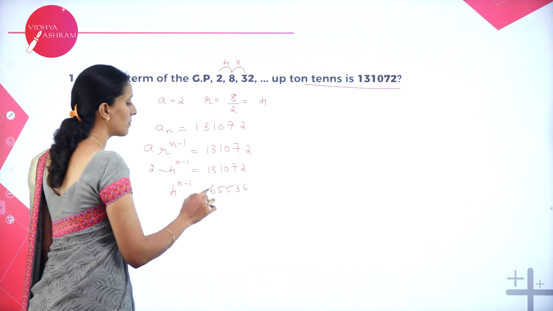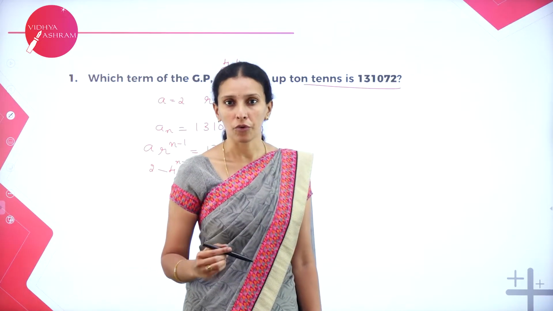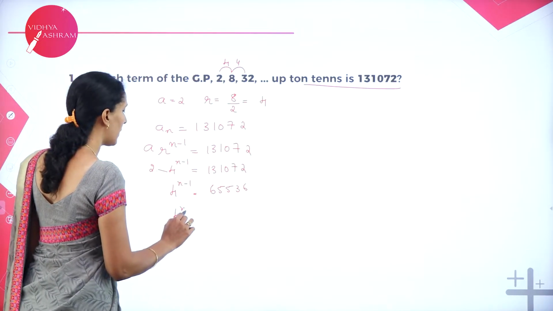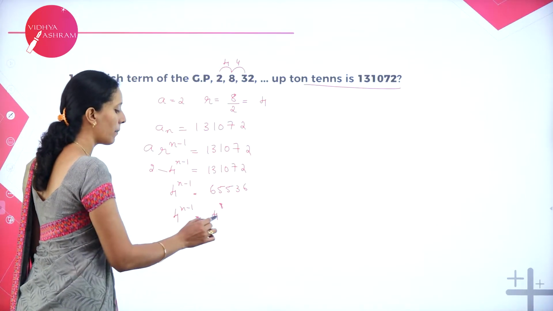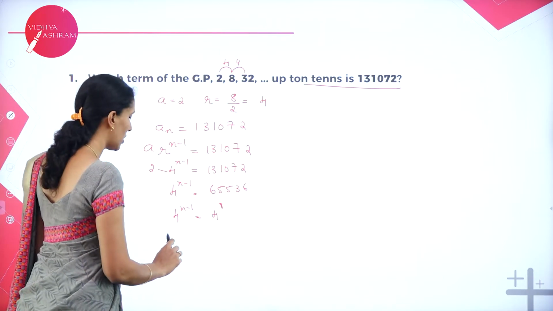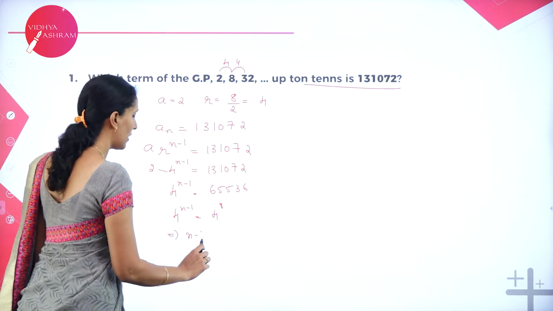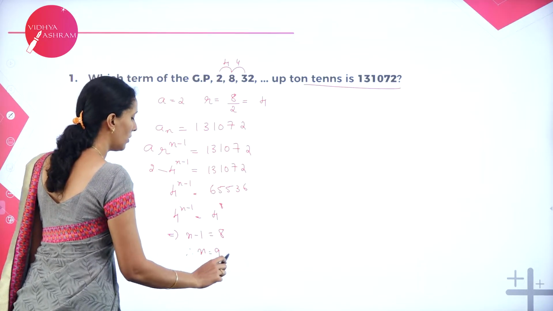65536. Now, express 65536 in terms of power of 4. So, you will get 4 to the power n minus 1 is equal to 4 to the power 8. Since the bases are equal, powers can be equated. So, this implies n minus 1 is equal to 8. Therefore, n is equal to 9.